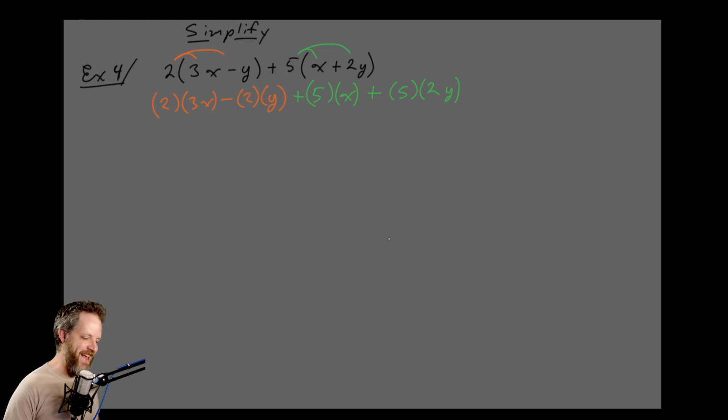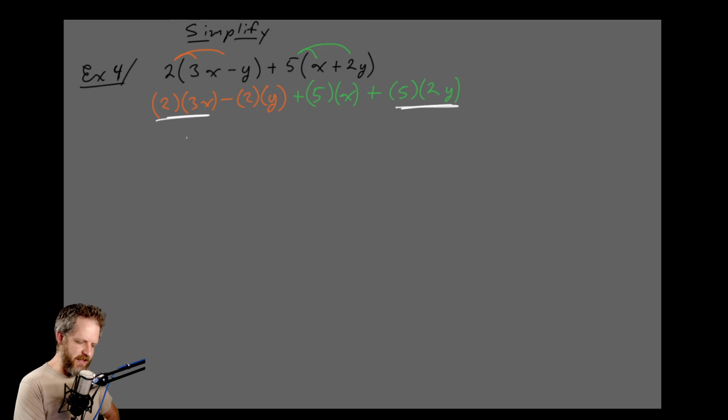Now we've got to do some simplification before we can combine like terms. That's the next step, right? We've got this part that we're going to simplify, and that part that we're going to simplify, because we've got to do those multiplications. The rest of them, we're just going to bring down.